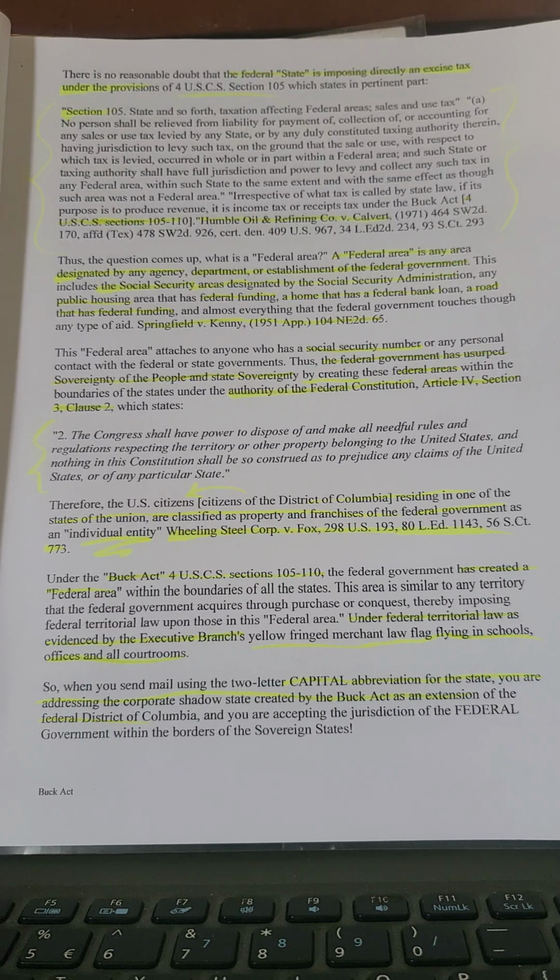This federal area attaches to anyone who has a Social Security number or any personal contact with the federal or state government.